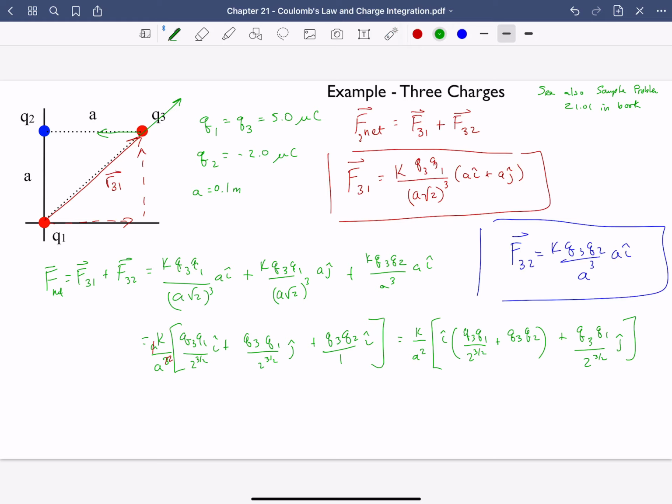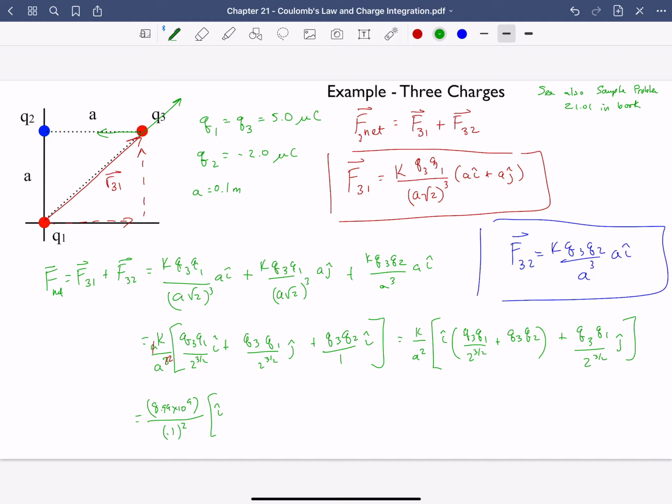So now I am forced to put in numbers at this point. Yeah, I better do it right here. So K is 8.99 times 10 to the 9 in proper SI units. A is equal to 0.1, so I've got to square that.